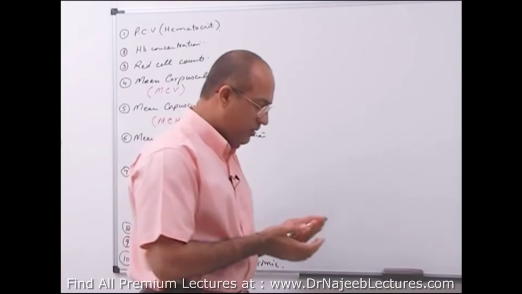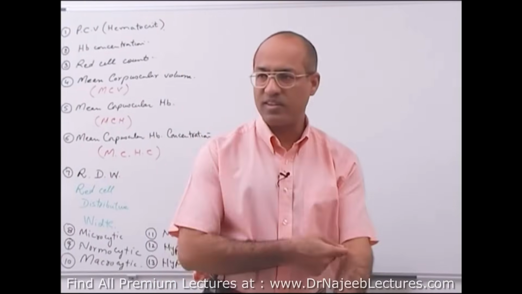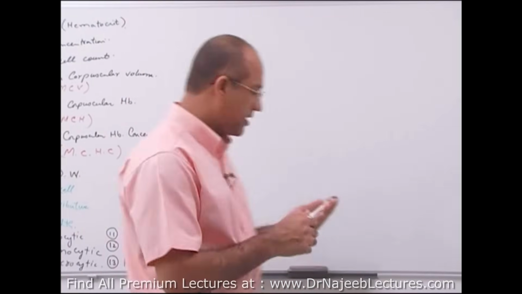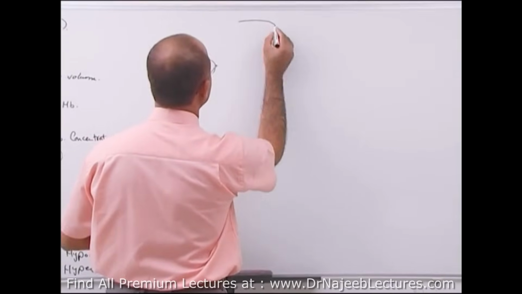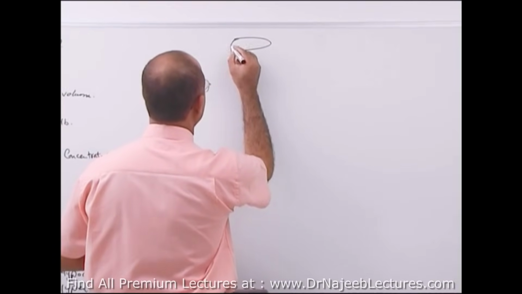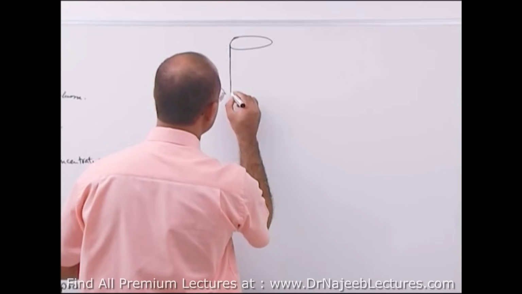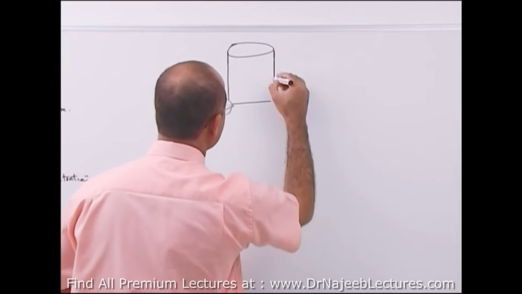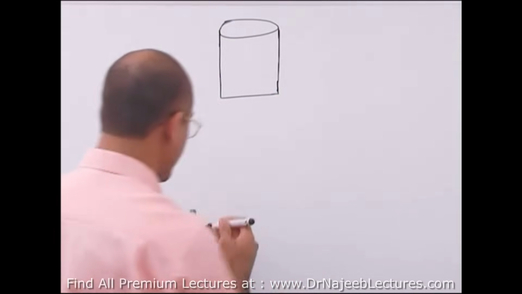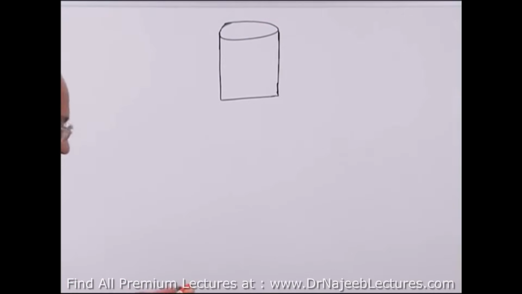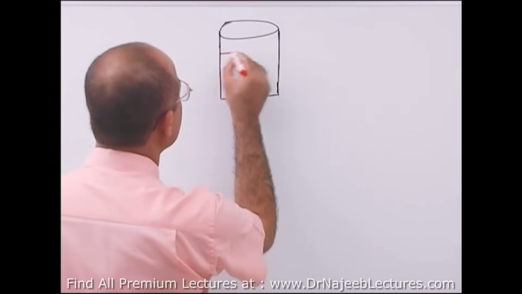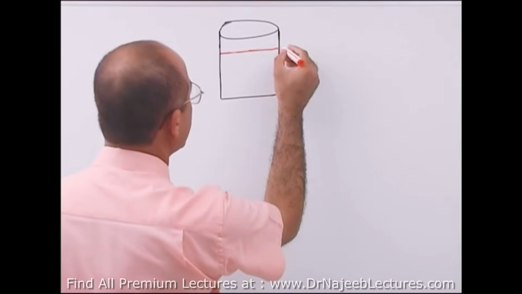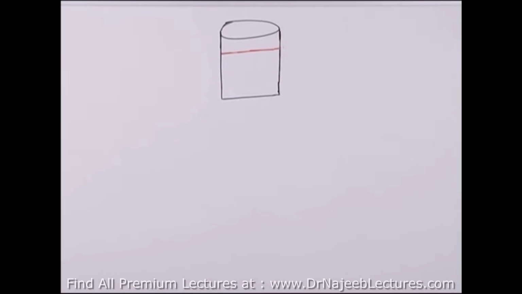Let's suppose we take blood from a person, from his vein, and we put it into this tube. Suppose this is a container, and we put blood into this container, up to here.